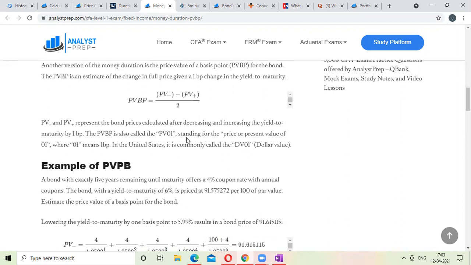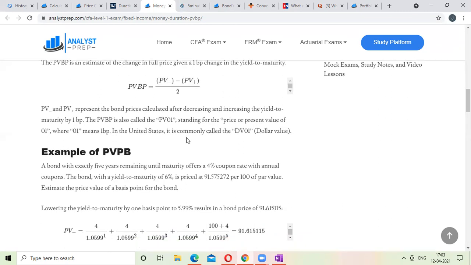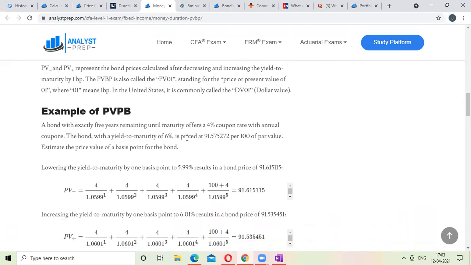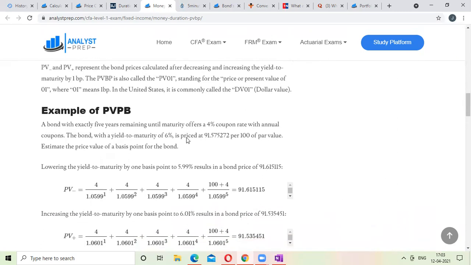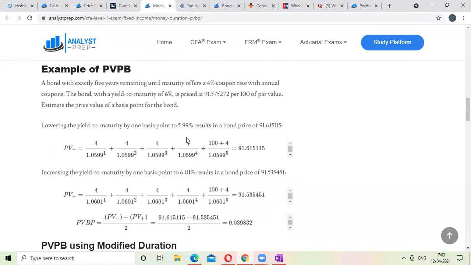So this is what you'll find out. This is a decrease in the interest rates with 1 basis point, an increase in the interest rate with 1 basis point. Okay. They also call this DV01, dollar value of 01. In FRM we use this terminology, DV01, more often. Let's do the calculation and math here.